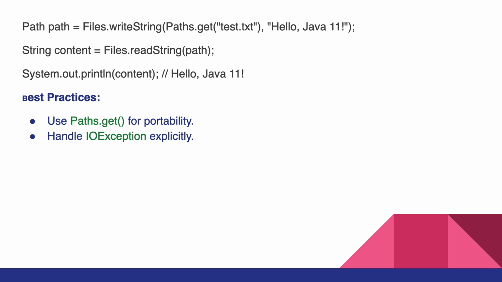For example, let's say your application generates daily reports using the writeString method. You can save data to a file in a single step. Later, you can retrieve and process the data with readString.